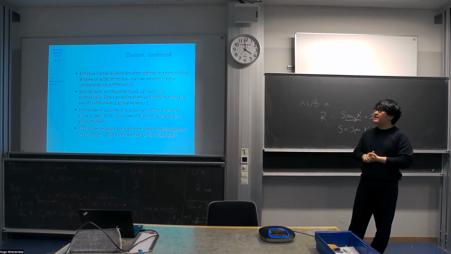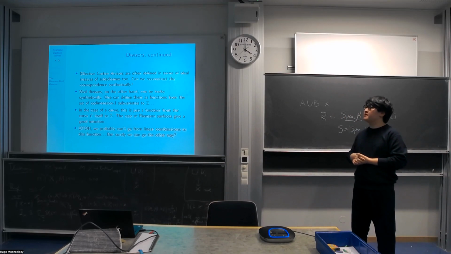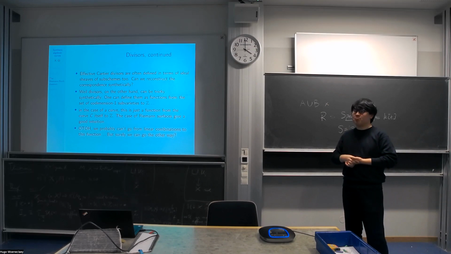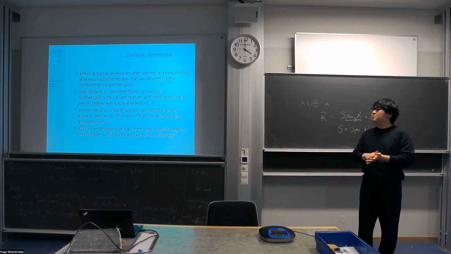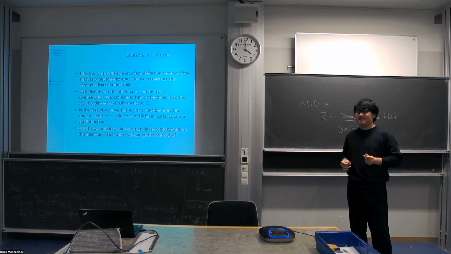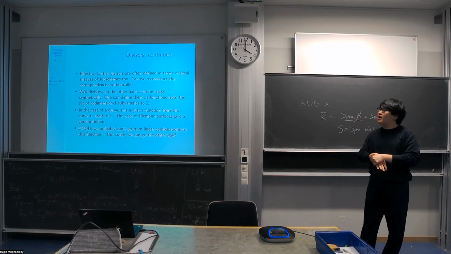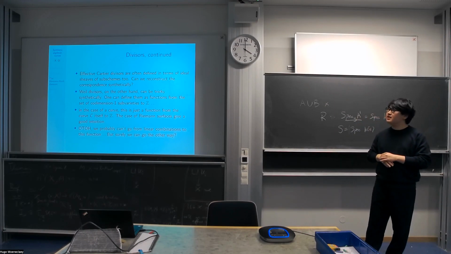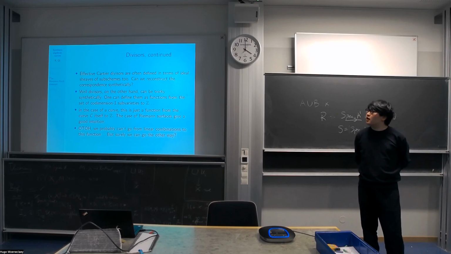We know that effective Cartier divisors are often defined in terms of ideal sheaves of subschemes too. So can we mimic this kind of correspondence synthetically? Classically, when we have a subscheme, there's an ideal sheaf associated with it.